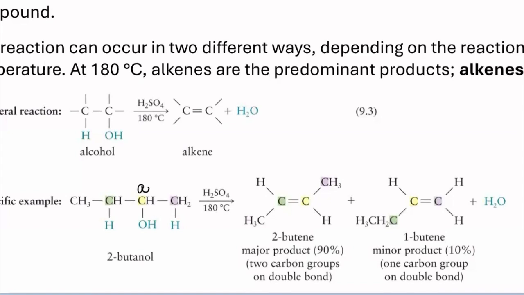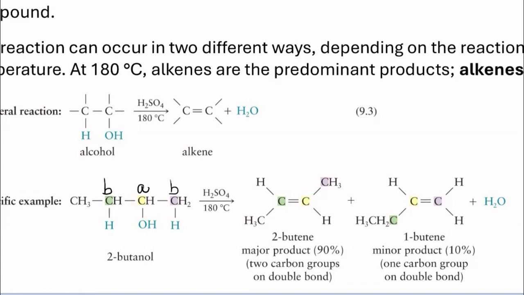Then any carbon that is tetrahedral and connected to the alpha carbon is going to be labeled beta. So in this molecule, we have a beta carbon on the left and a beta carbon on the right.